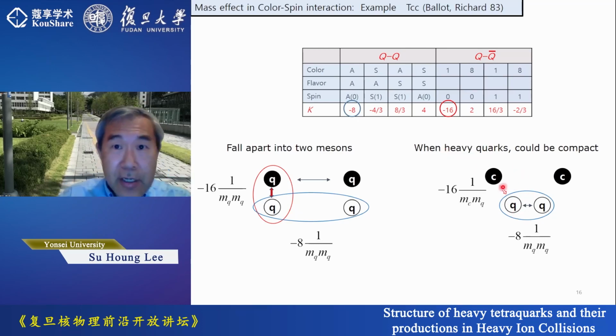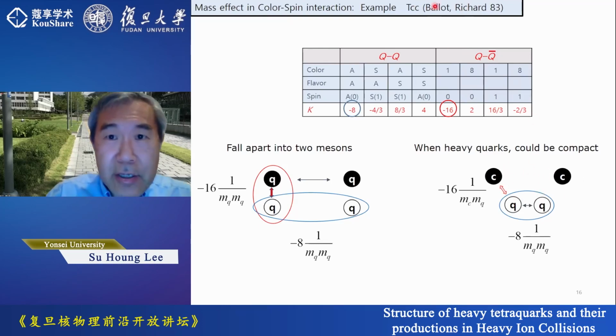This was the original motivation why those so-called TCC states could be attractive and form a compact configuration. That was first advocated by Richard and Arnold in the 80s.